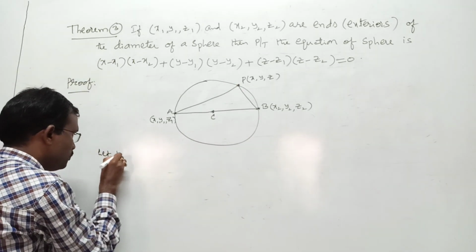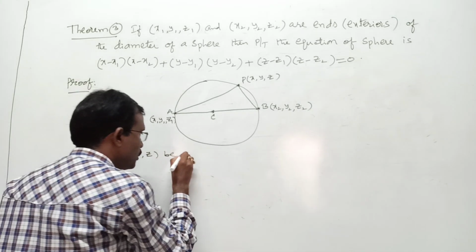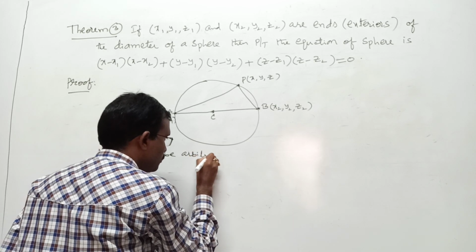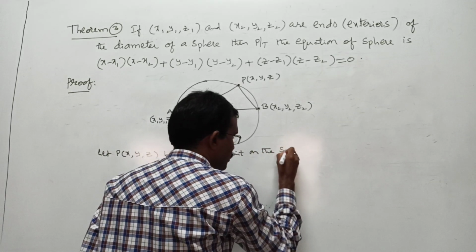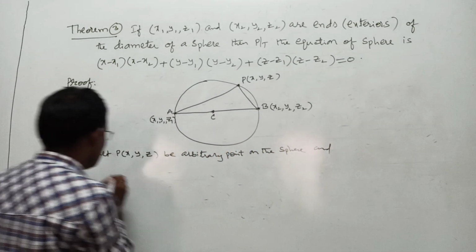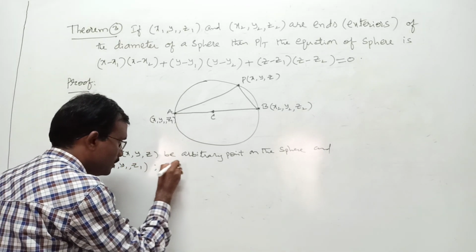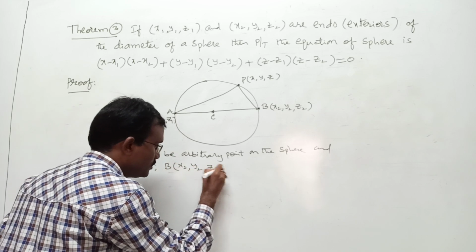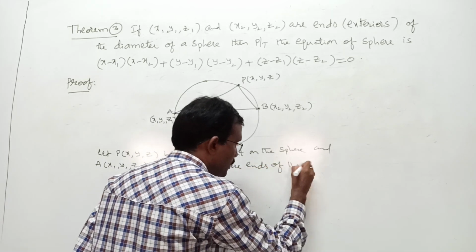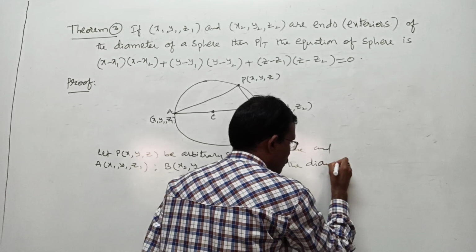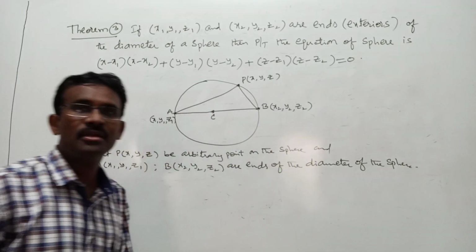Let P x comma y comma z be an arbitrary point on the sphere, and A x1, y1, z1 and B x2, y2, z2 are ends of the diameter of this sphere.